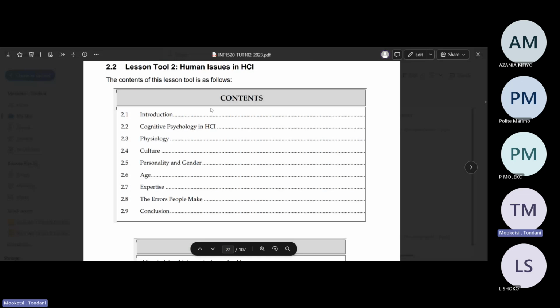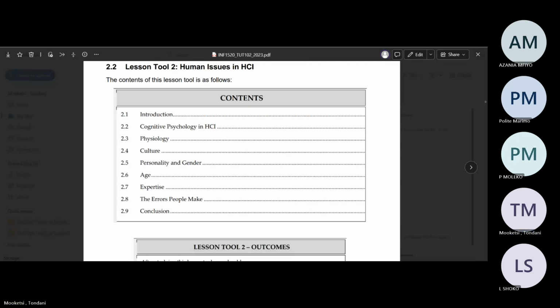So lesson 2 is talking about cognitive psychology. That is where we spoke about perception and cognition. Then they also talk about the physiology as one of the human issues, culture, personality and gender, age, expertise, and then errors that people make. So these are the different topics that you need to be familiar with.